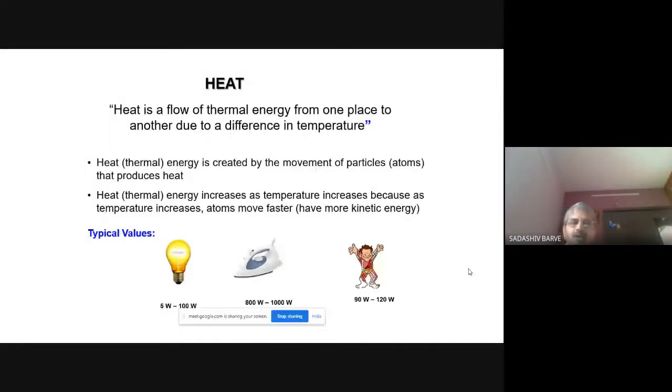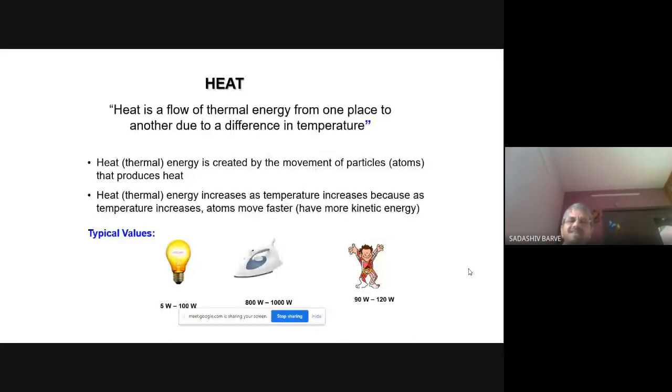See, for example, there is a bulb which can dissipate anywhere between 5 watt to 100 watt. Nowadays we get low voltage LEDs, in the 5 watt, 10 watt, 20 watt range. There it has its efficiency.